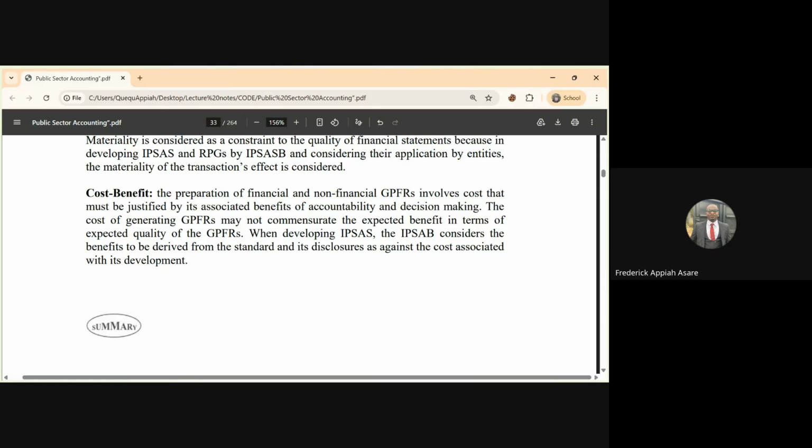However, we don't get the same thing when it comes to general purpose financial reporting, so it serves as a constraint. So these are the qualitative characteristics and also the constraints in the GPFR.